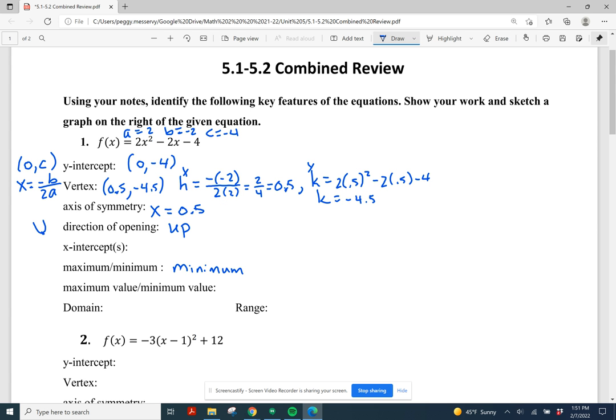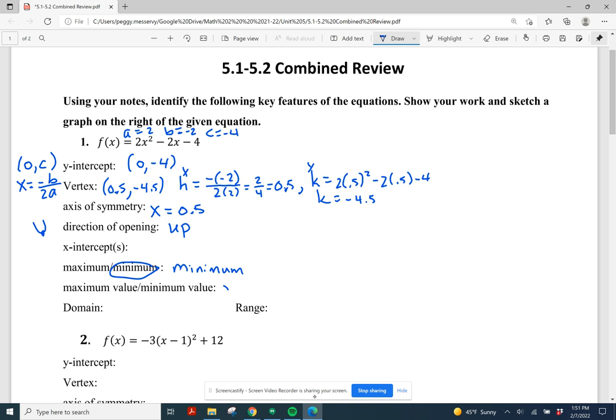Okay. We'll go back to the x-intercepts in a minute. Notice I can find the rest of the information just from what I already have. But we got to work a little bit to find those x-intercepts, so we're going to go after them in a little bit. Minimum value is what we have because it opens up. There's a low point.